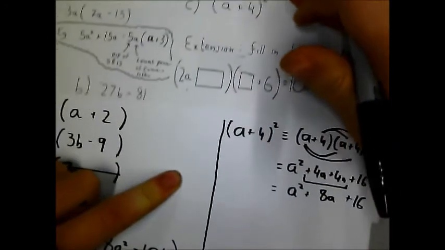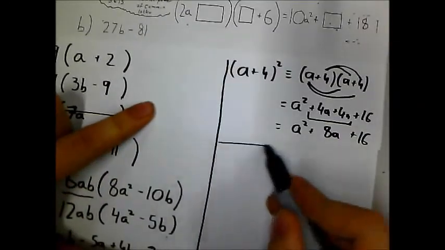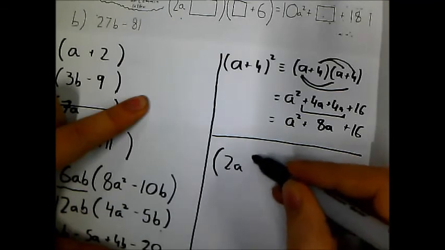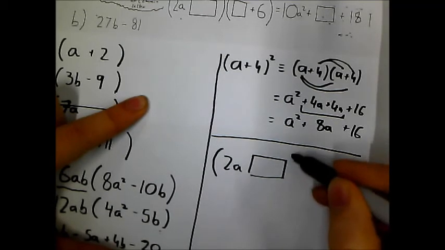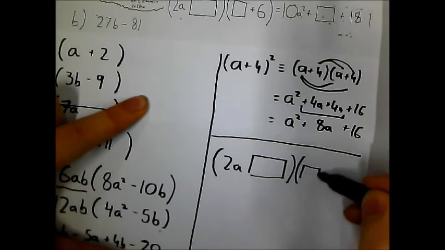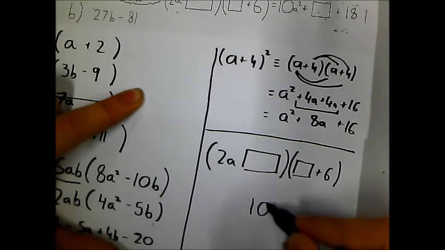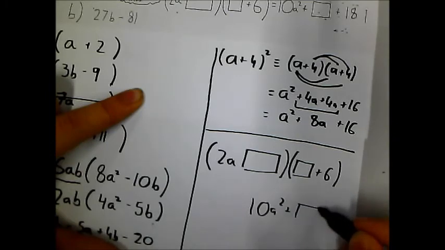Okay, and finally the extension question. 2a something plus 6 something will give us 10a squared plus something plus 18.